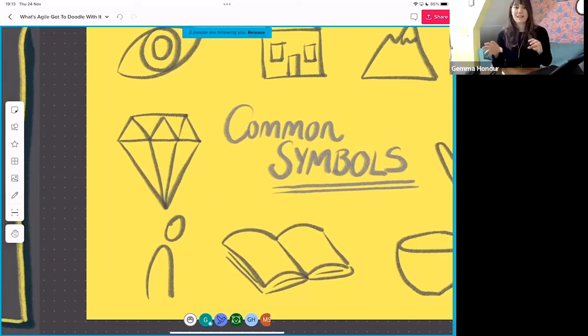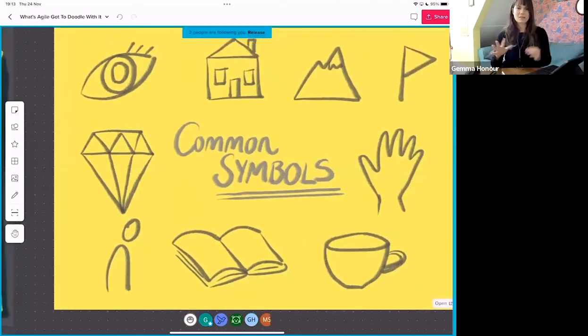I'm not particularly artistic or good at drawing, but because I've got a few symbols that I regularly use, that's enough for me to do graphic recording or sketchnoting or visual facilitation, and I can confidently use that library.